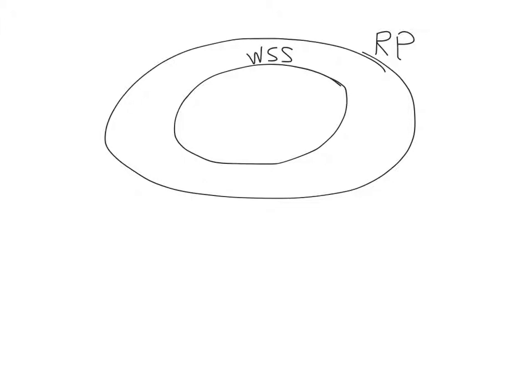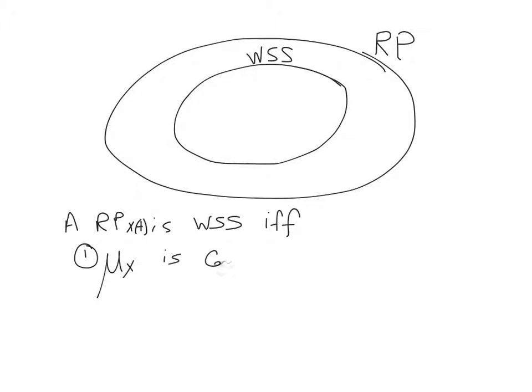By testing the statistical properties of the random process. A random process x of t is wide sense stationary if and only if, number 1, mu of x is constant, which means not a function of time, and both conditions have to apply.